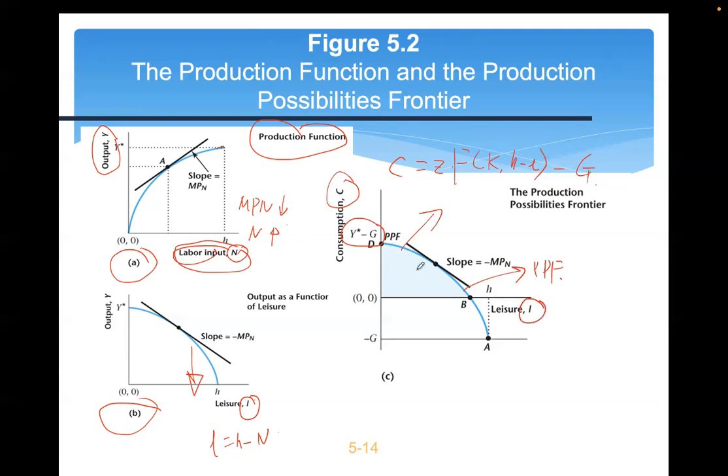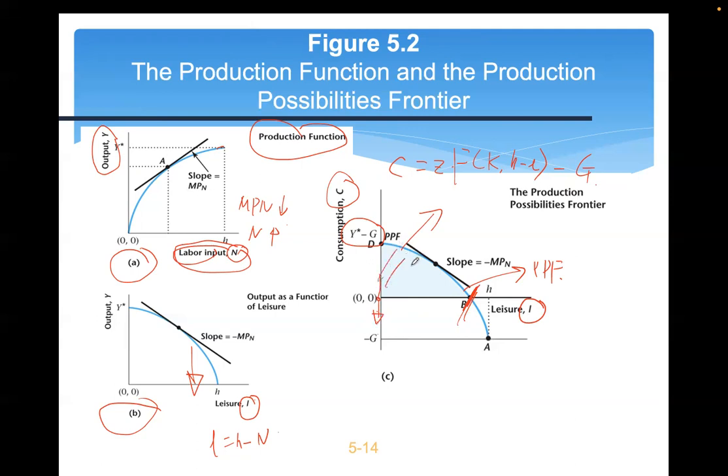So this is what the economy can produce. But certainly you have to stop here, right? Because you cannot have negative consumption. You must have a positive consumption.